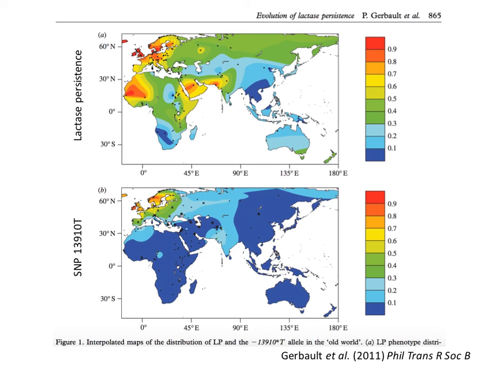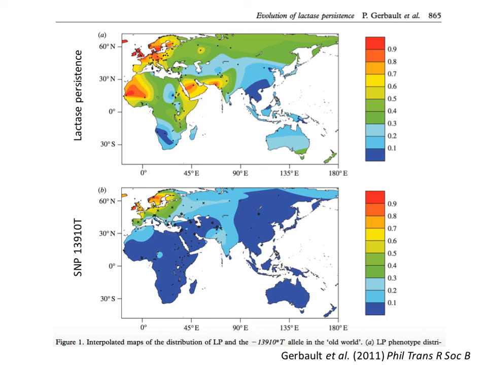Since it's Friday, I figured maybe I wouldn't talk about pure genetics forever. It's from a genetics paper, but this is a map of where lactase persistence exists in the world. On the heat map on the right, you can see the reds, the hotter colors: 90% of individuals or so in those red colors have lactase persistence. So you can see where in the world most people are lactose tolerant versus areas where people are lactose intolerant.